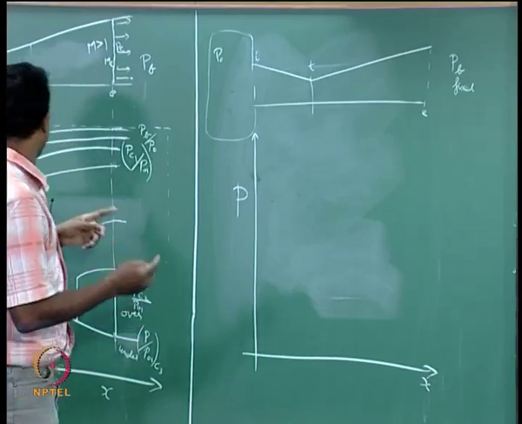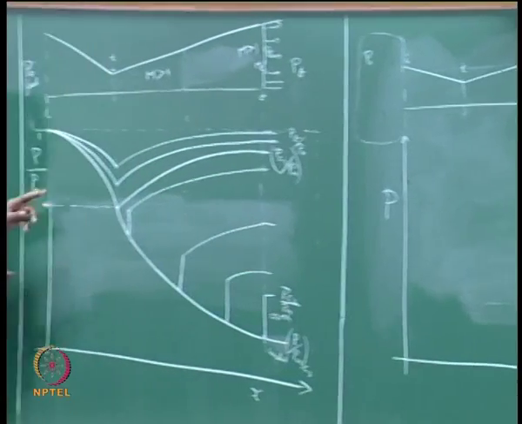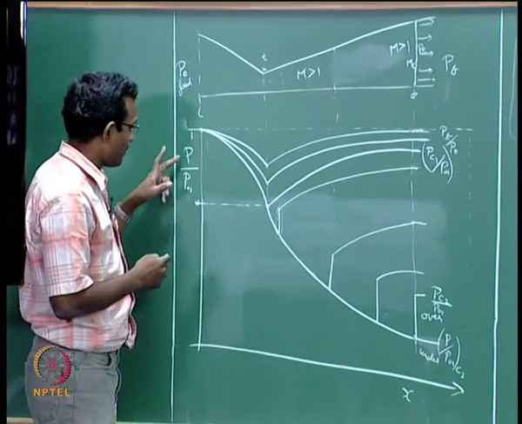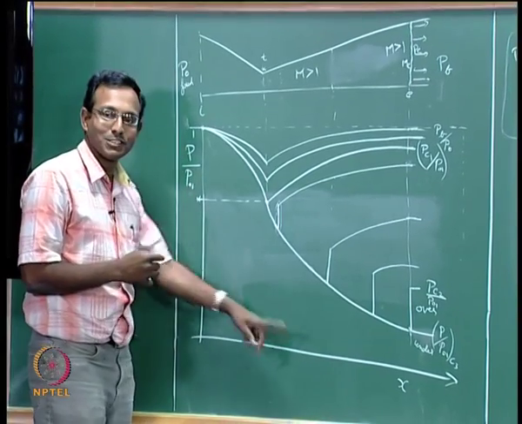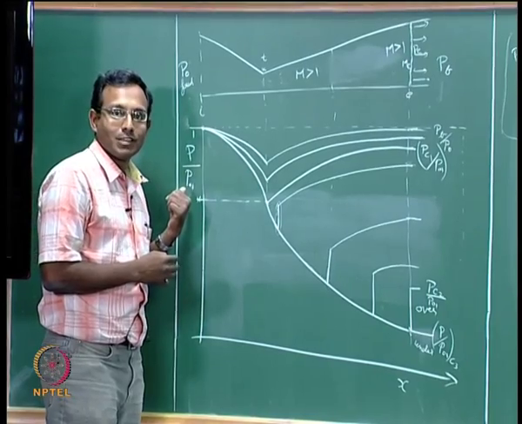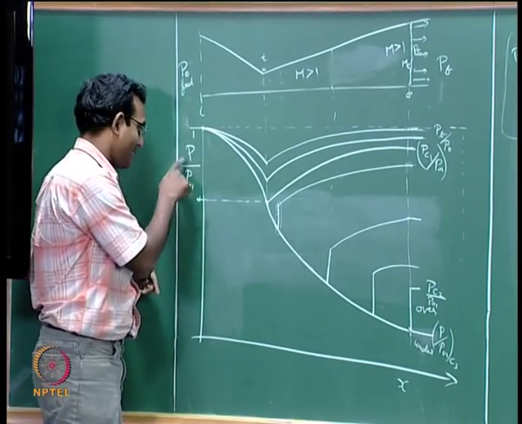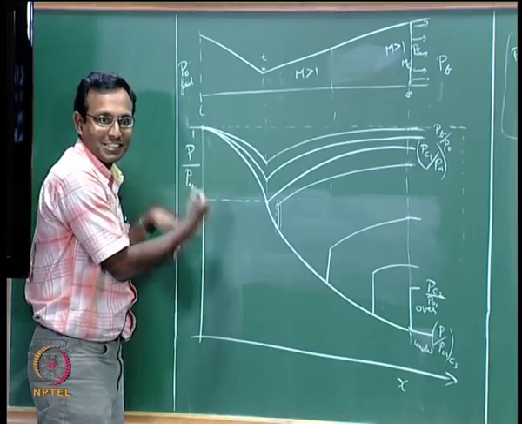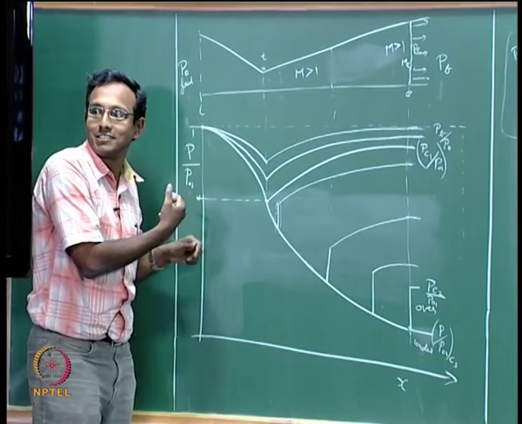Let us go back one step. What if I do the same thing here? Instead of plotting P by P naught, I just plot pressure versus x. What will this plot look like? It will not look any different because I am just dividing this whole thing by a constant, that will just change the scaling, does not change anything else. Okay.